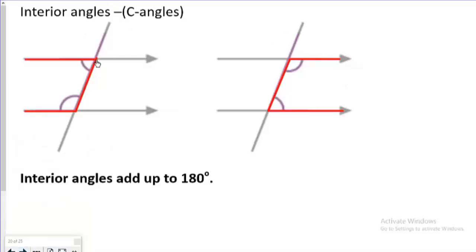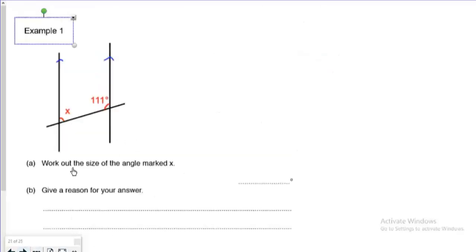Now interior angles, or the C angles. So you look out for a C shape, interior angles. Now let's work the first example on interior angles. So we have x plus, so look out for the C shape.